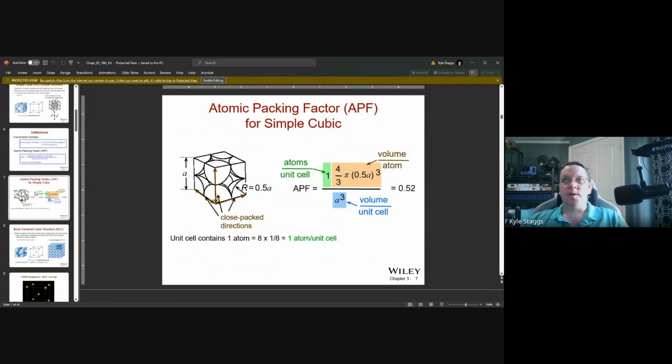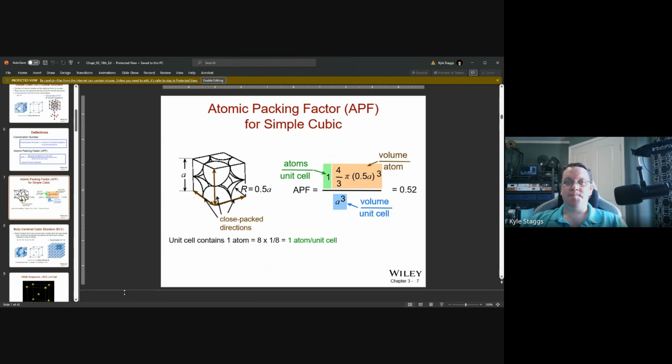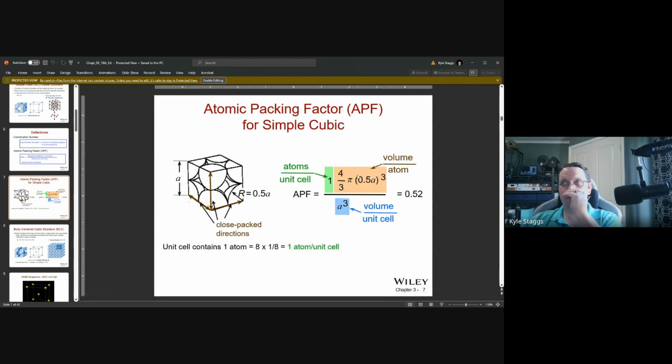Atomic packing factor, trying to get you a number of approximate efficiency of atomic packing. So these are important concepts to know about. The volume of the atom being just volume of a sphere, so things that you should know.